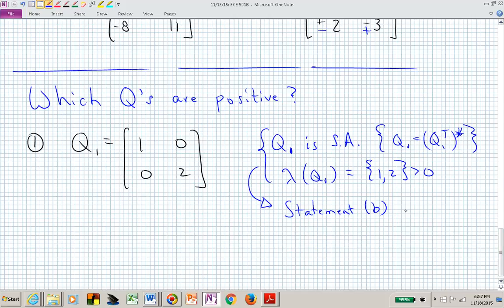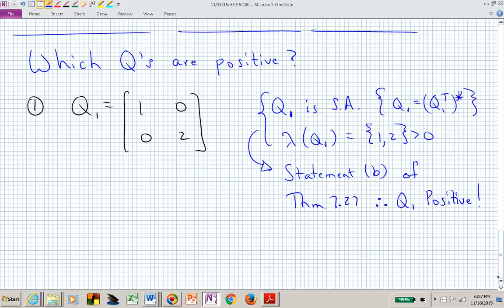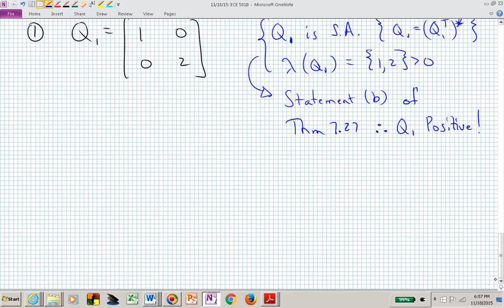Statement B of theorem 7.27 is addressed by what I've indicated in these two blue lines, and that then is equivalent to statement A, and statement A says that Q1 is positive. So that's one way of verifying that Q1 is positive, but now let's look at it in terms of the definition of an operator being positive.